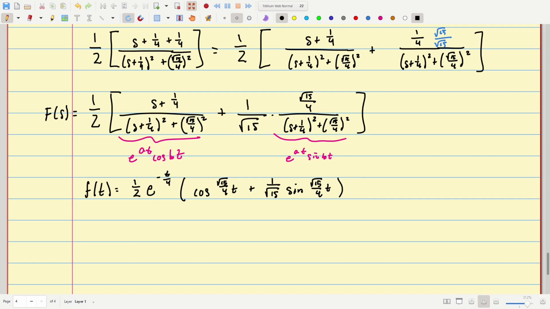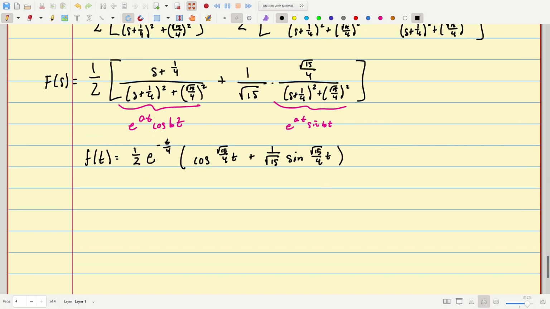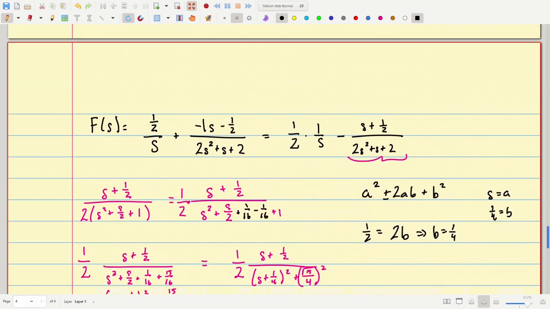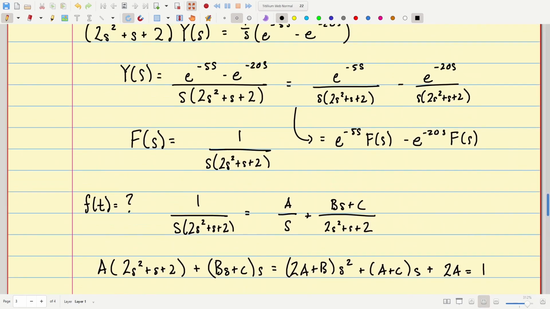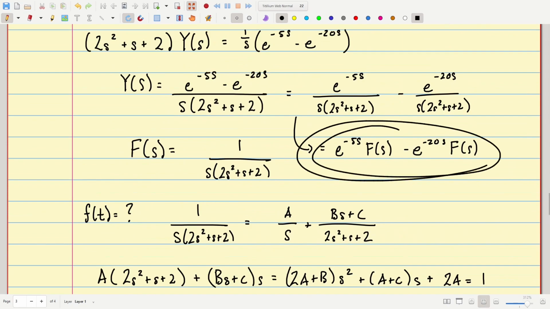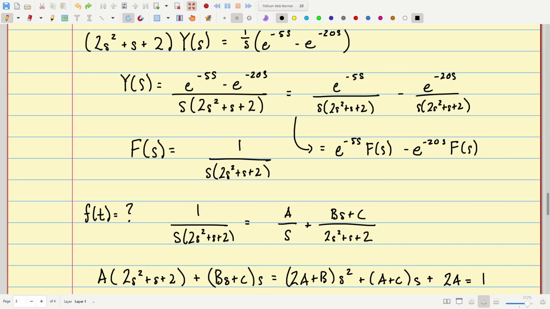Okay. Now, with this expression and returning all the way up here to remind ourselves what this part here looked like, we just write down our answer. We know what the inverse Laplace transform of this type expression is. It's just a Heaviside function times a shift.